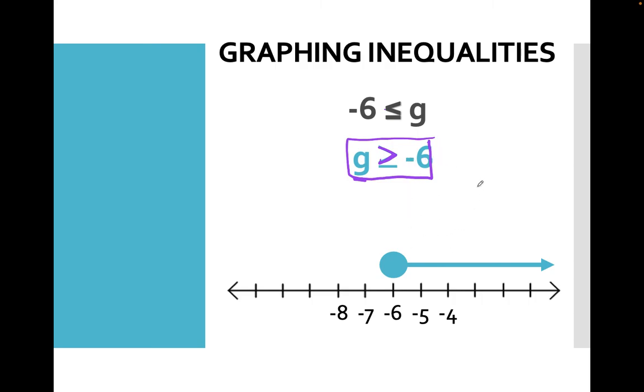If you look back at the original problem, you can see that it does not match the direction of the inequality symbol in the original problem, and that's because the variable was on the right instead of the left. So it tends to be easier for most of us to rewrite it so that the variable is on the left, and so our arrow matches the inequality symbol direction.